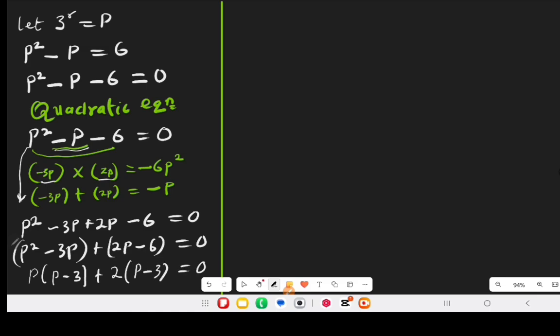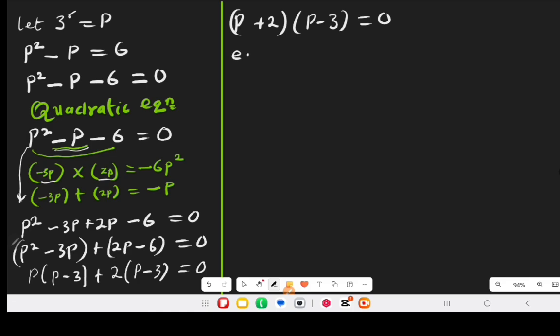If you look at the brackets, they are the same. We pick one of the brackets and pick what is outside the bracket, meaning our answer becomes p plus 2 in brackets into p minus 3 in brackets equals 0. What will make this expression 0? Either one of the brackets will be 0.